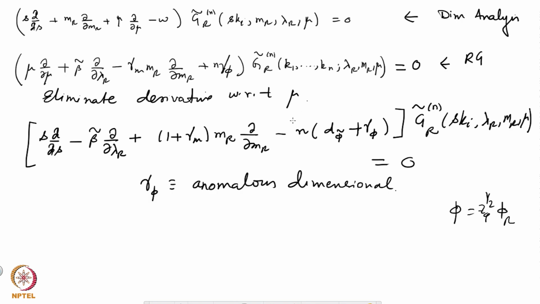And here you would have just minus n times the dimension of phi tilde. But in the presence of renormalization, when there are infinities, this n times d phi tilde gets modified to n times d phi tilde plus gamma phi. So that's a contribution coming from the fact that there are infinities and we need to renormalize.